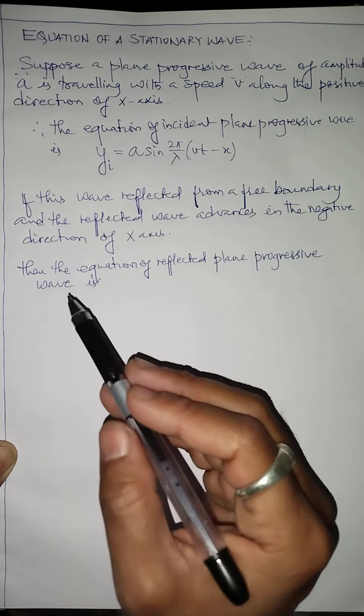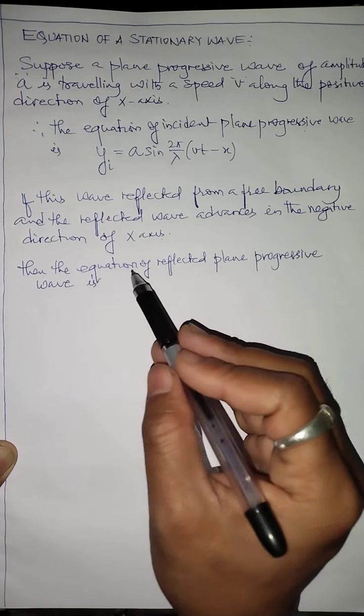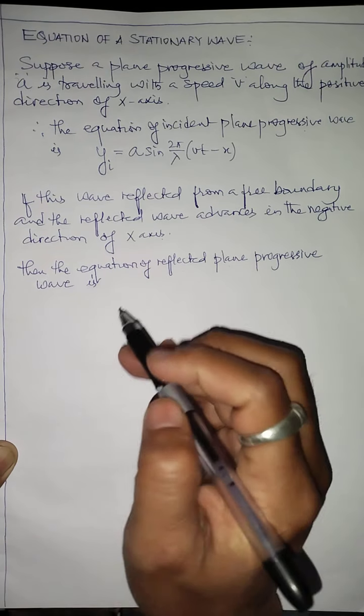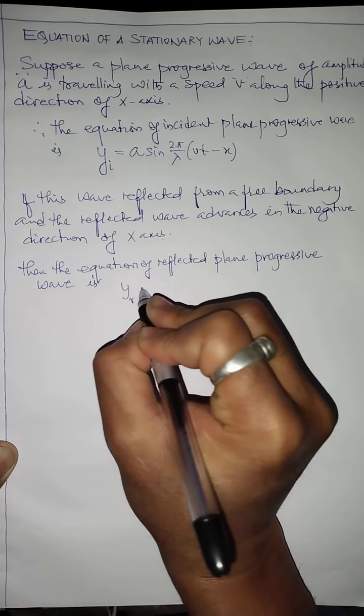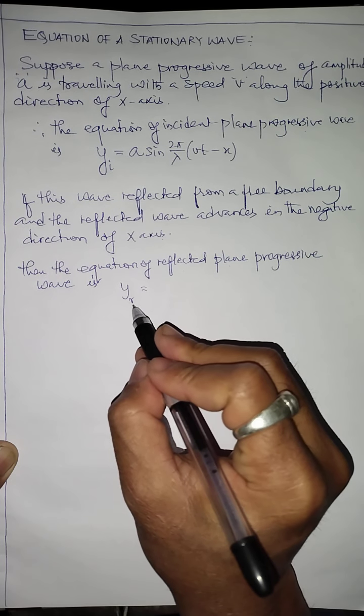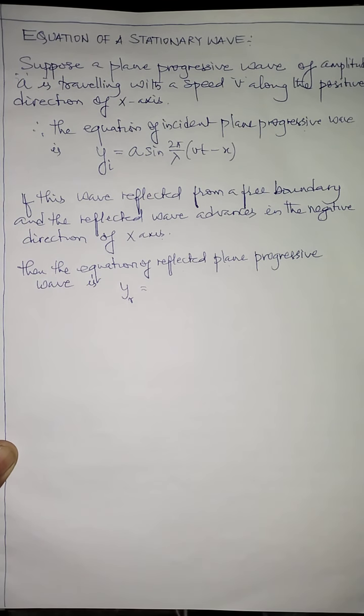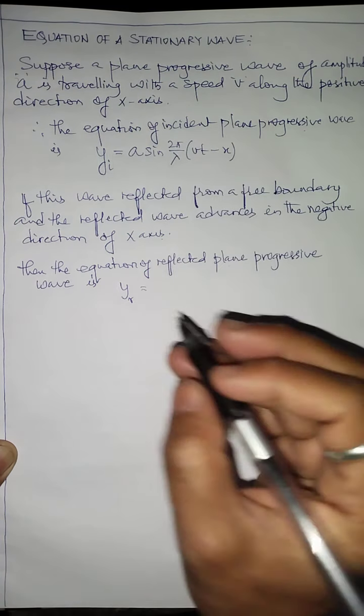So for that also we can write the equation. The equation of the reflected plane progressive wave is given by y_r. This small r means the equation for the reflected plane progressive wave, and the equation will be the same as this, but with what sign? Plus sign.